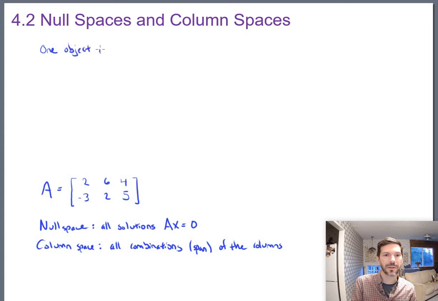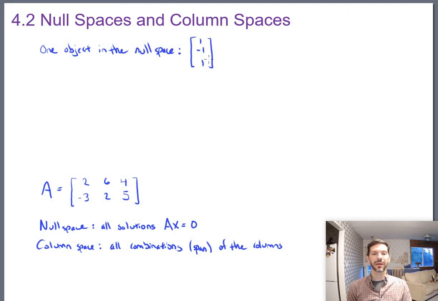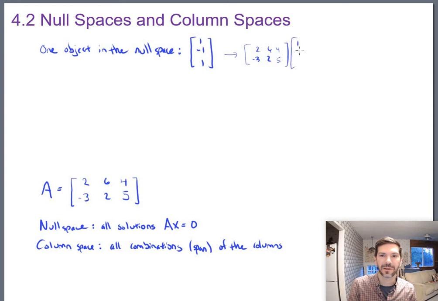So let's get one object in the null space. I'm going to claim that (1, -1, 1) is an object in the null space. Let's check that out. If we multiply that by A, we should get the 0 vector as a result.